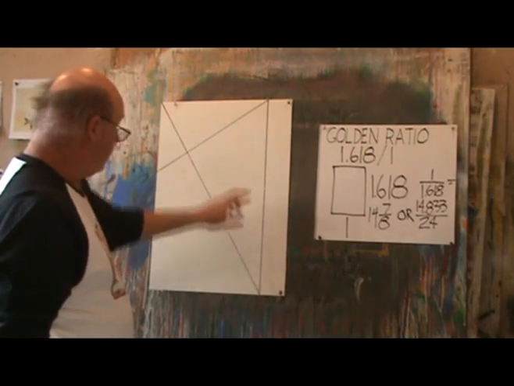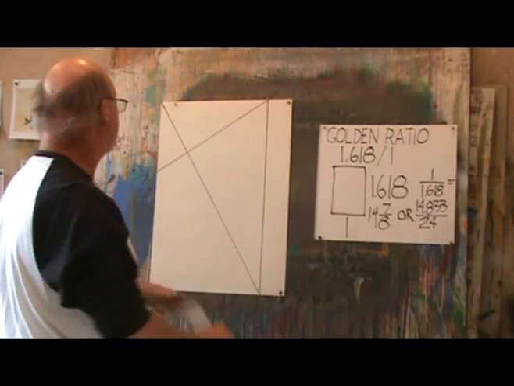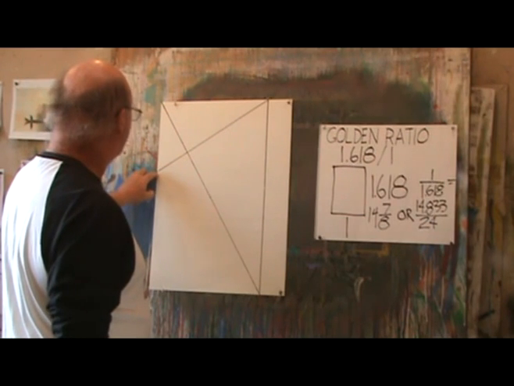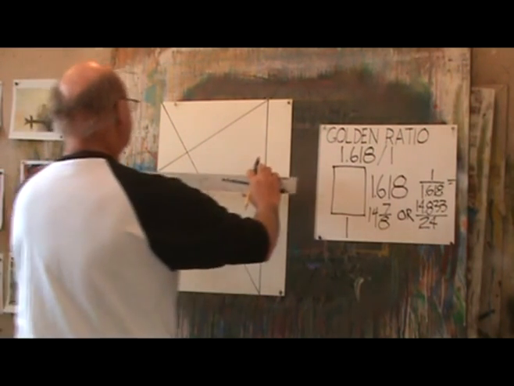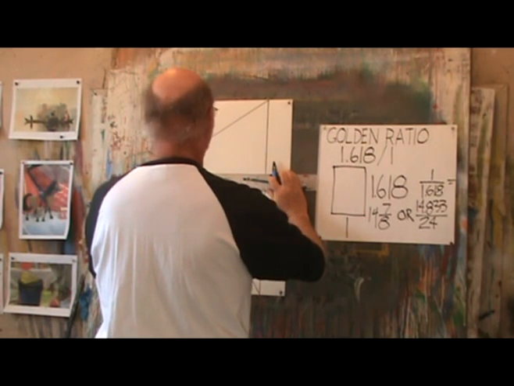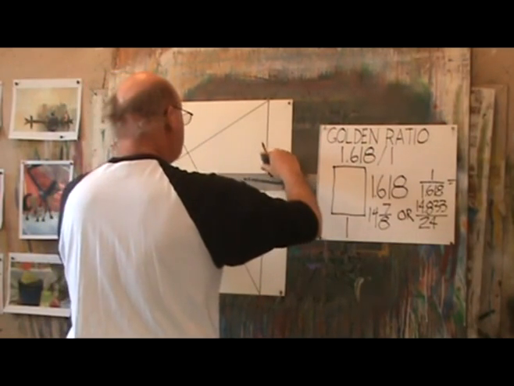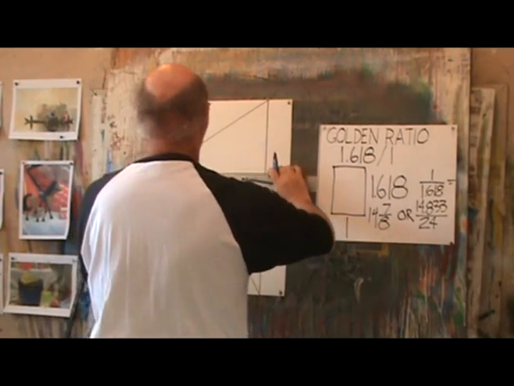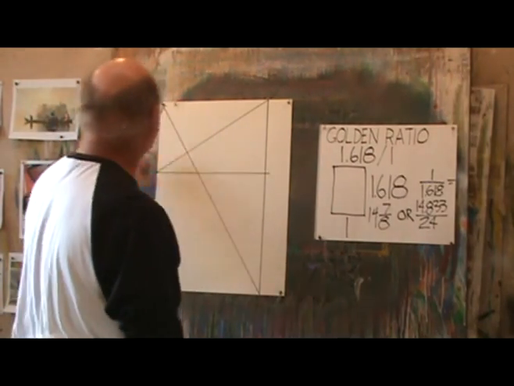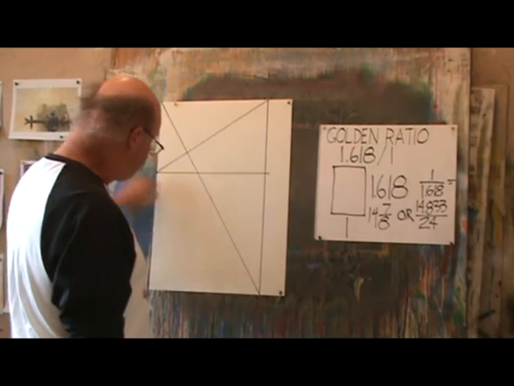You got your major diagonal and you got your minor diagonal intersecting at 90 degrees. And so at this point where you draw a line across where this point hits, what you get is a new situation where, as before, we get a smaller rectangle, which is the same ratio as the overall.